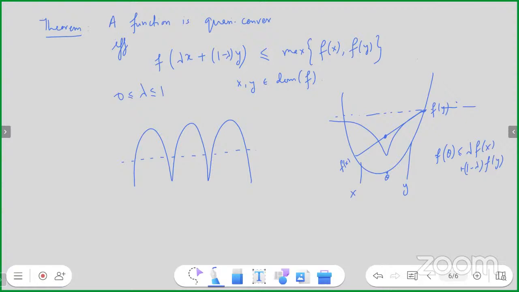By definition, for f to be quasi-convex, S alpha is convex for all alpha, right?